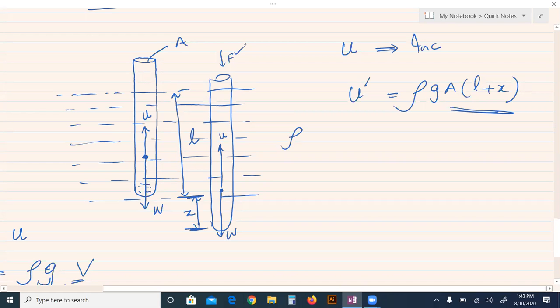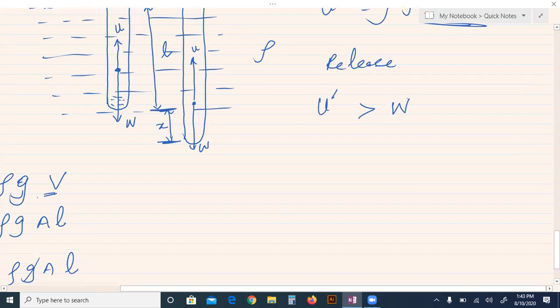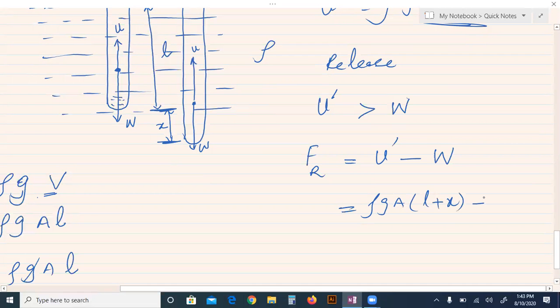So it is balanced, but when you release it, this force will disappear. Now the new upthrust becomes greater than the weight, because the weight remains the same but the upthrust increases. So the resultant force at the time of release will be new upthrust minus weight. So the new upthrust is rho g A (L plus x) minus weight.